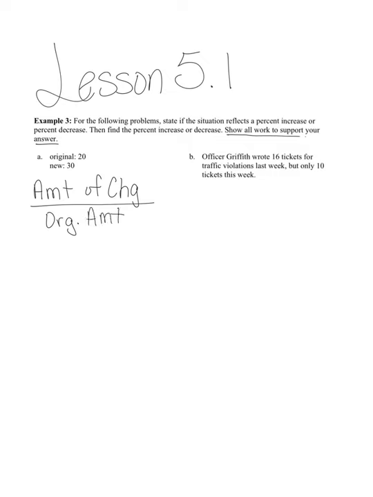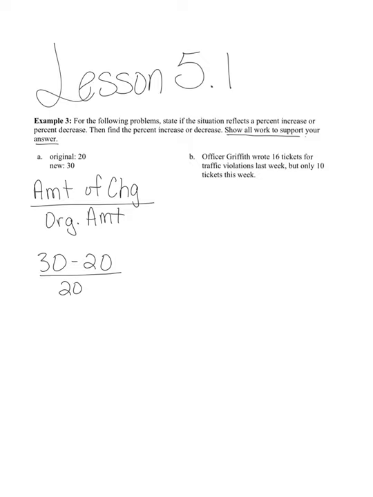So for question A, the amount of change, we are just going to find the difference. So that's taking 30 minus 20. And we're going to divide that by the original amount. And it tells us our original amount here is 20.